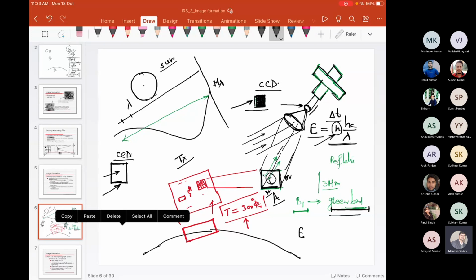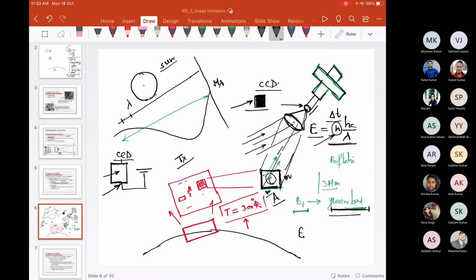You know that to generate electricity, there should be a voltage difference between two ends. When light falls and there is certain internal processing, a voltage difference, let's say V naught, is generated. And when we have a voltage difference, there is an electric current due to the movement of electrons.